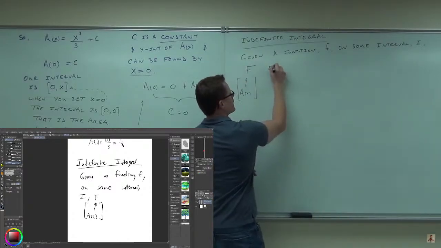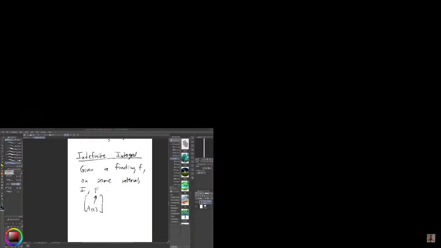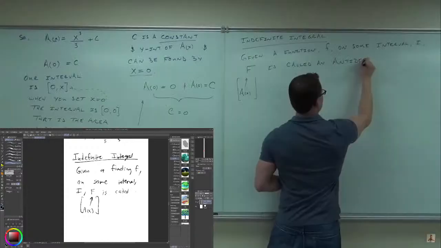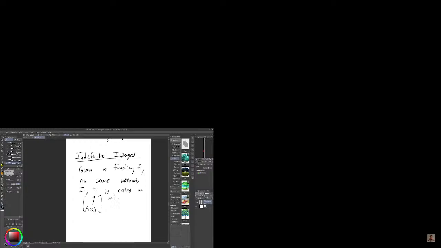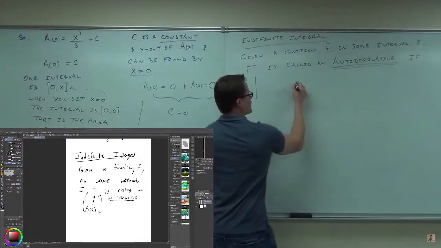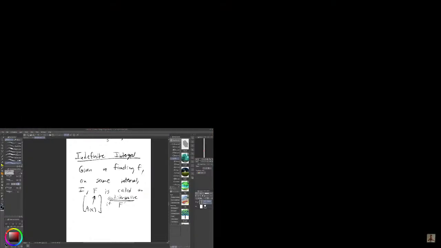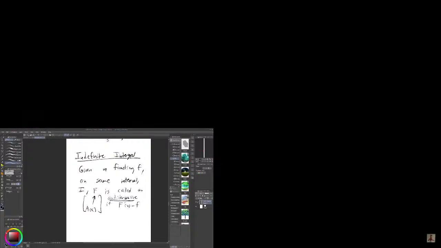F is called an antiderivative if this is true: if you can take the first derivative of your capital F, your antiderivative, and it equals your f of x.